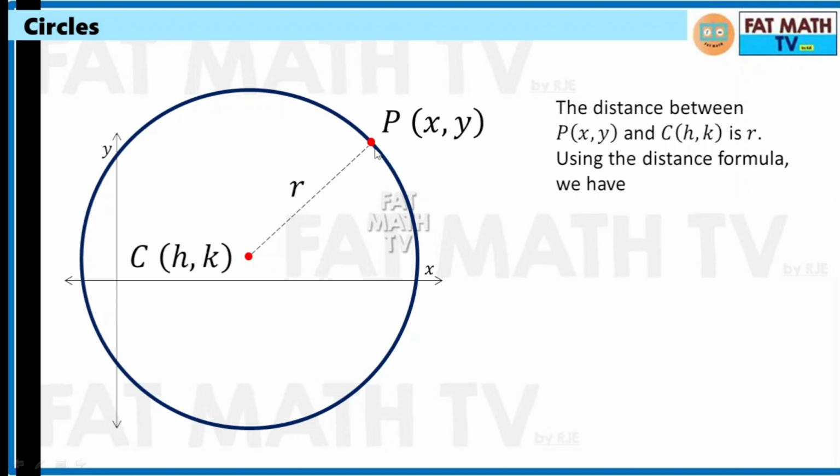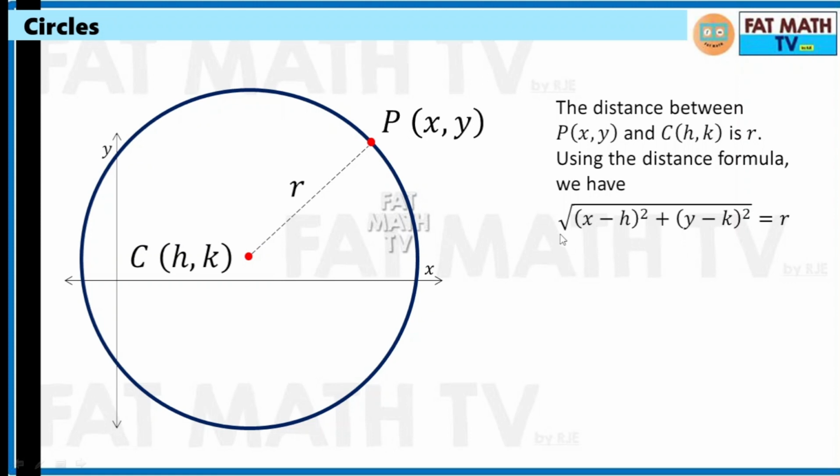Since the distance from point P, with coordinates (x, y), to the center with coordinates (h, k) is r, using the distance formula, r is equal to the square root of the difference in the x's squared, so (x - h) squared, plus the difference in the y's squared, so (y - k) squared.